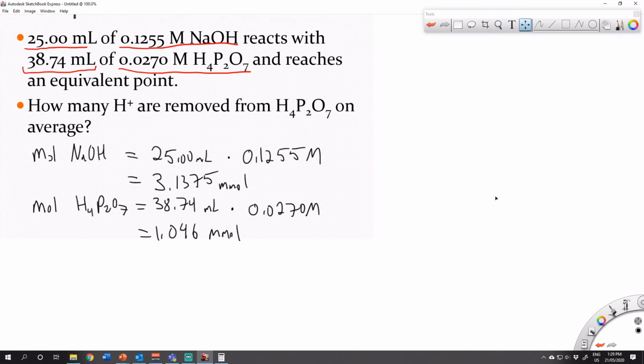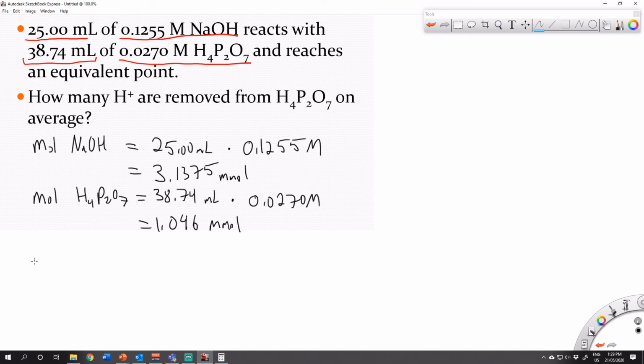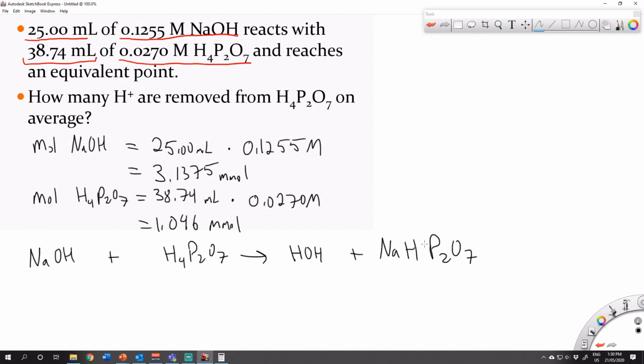Now, from here, I can write the following, because I know that my sodium hydroxide is going to react with my acid to produce water and some kind of hydrogen diphosphate compound with sodium attached.